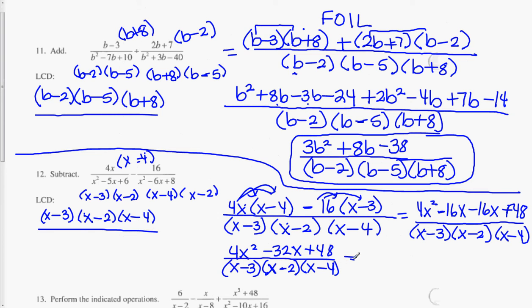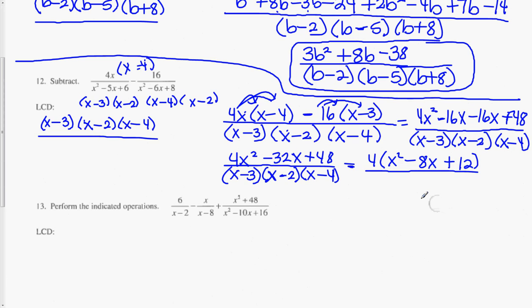Now on this one, I can see right away 4 goes into all 3 of those terms, so I'm going to take out a 4. And I'm going to have x squared minus 8x plus 12 over my denominator.